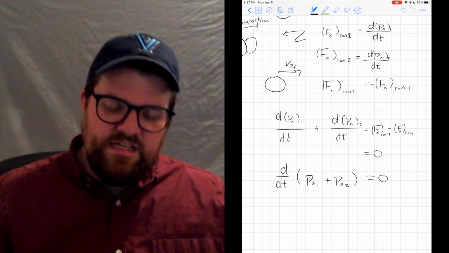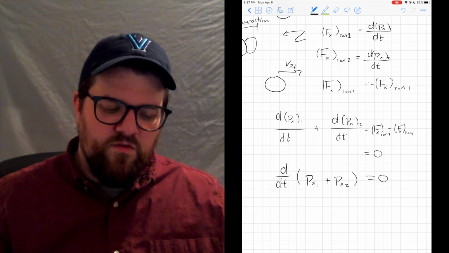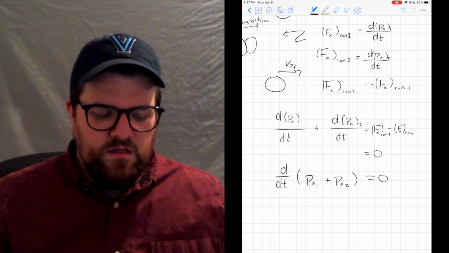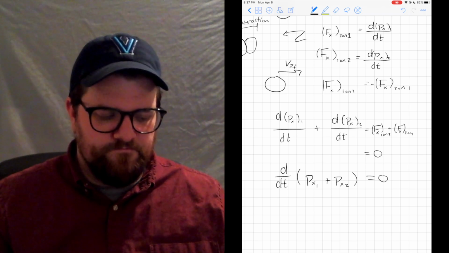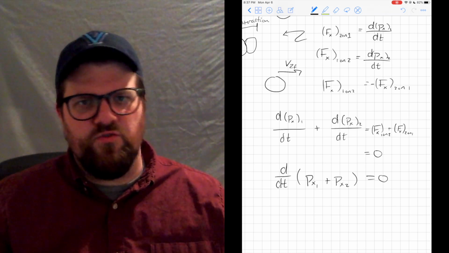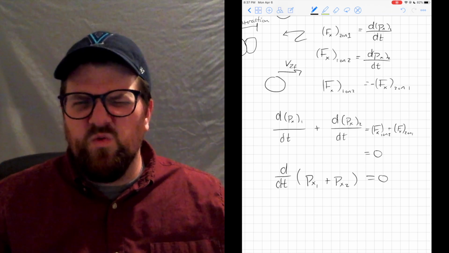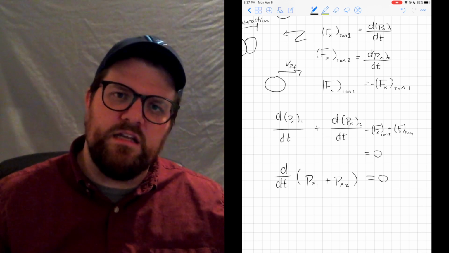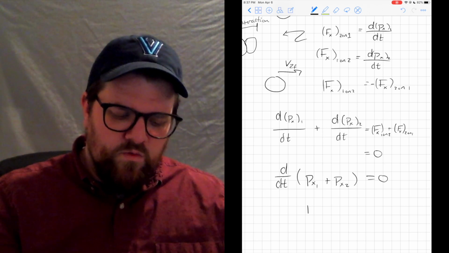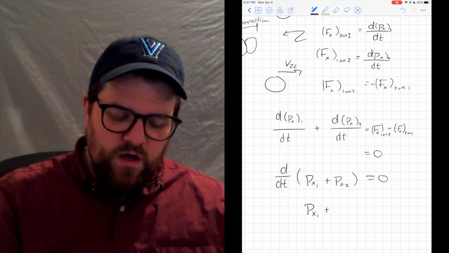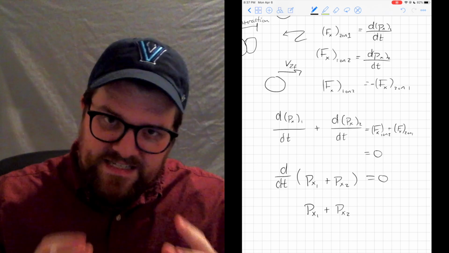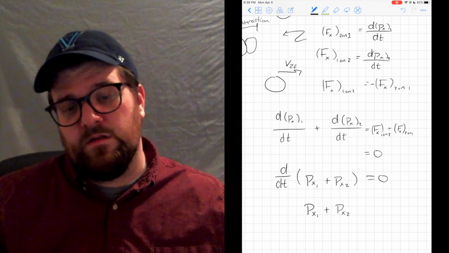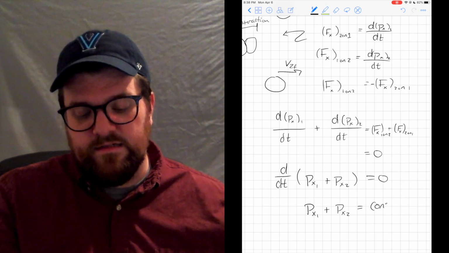So what I'm saying is this derivative of the sum of the momenta is equal to 0. The only time that derivatives can equal 0 is when they're constant. So what we're saying is that px1 plus px2, the momentum in this system, is constant.